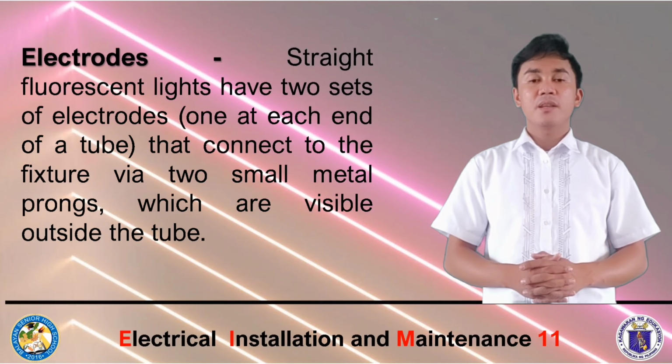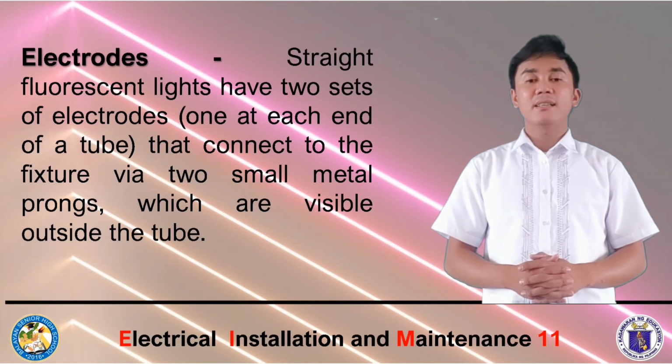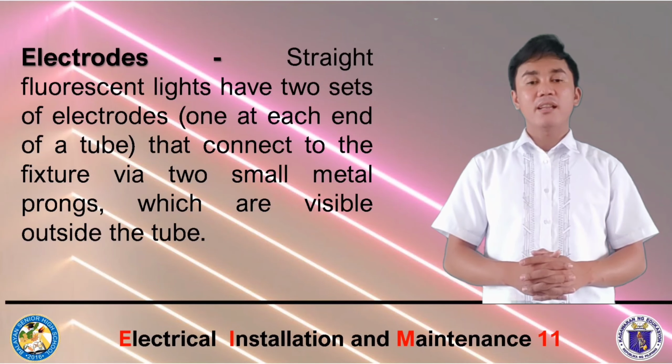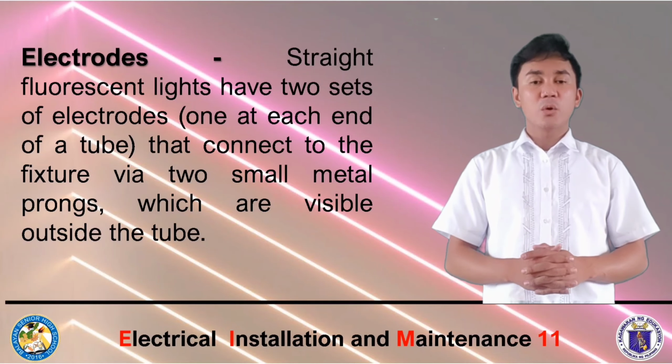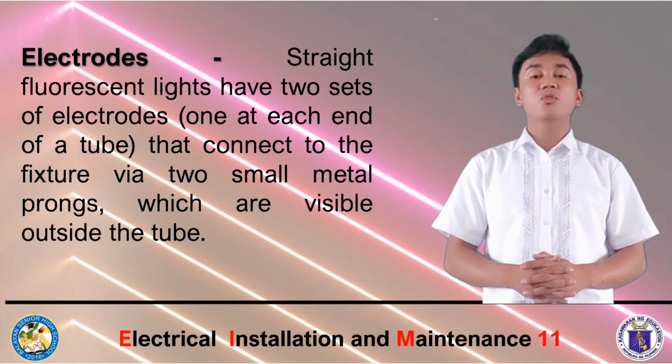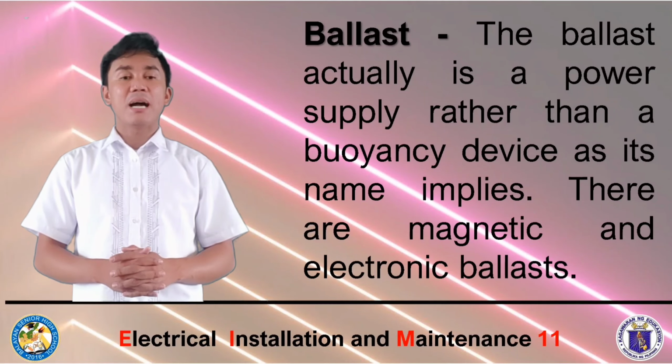Next is the electrodes. Straight fluorescent lights have 2 sets of electrodes, one at each end of the tube, that is connected to the fixtures via 2 small metal prongs which are visible outside the tube. Next is a ballast.